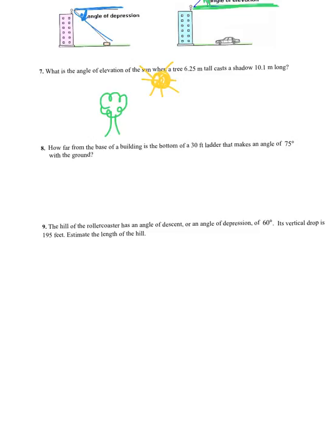So light from the sun hits the tree, and it creates a shadow on the floor right here. So that is the shadow. All right, so that is our right triangle right there. So the tree is 6.25 meters tall, and the shadow is 10.1 meters. Oops, excuse me, meters.